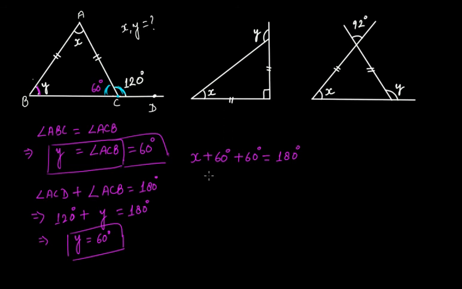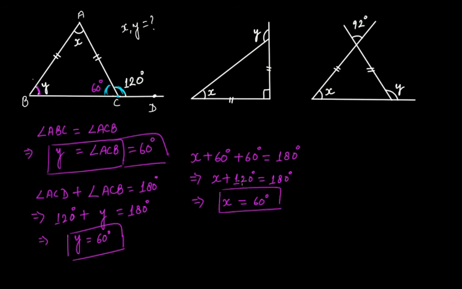This is the angle sum property. The angle sum property tells us that the total measure of the three angles is equal to 180 degrees. Now solve it. x plus 120 degrees is equal to 180 degrees, and this will give you x as 180 degrees minus 120 degrees, which is equal to 60 degrees.